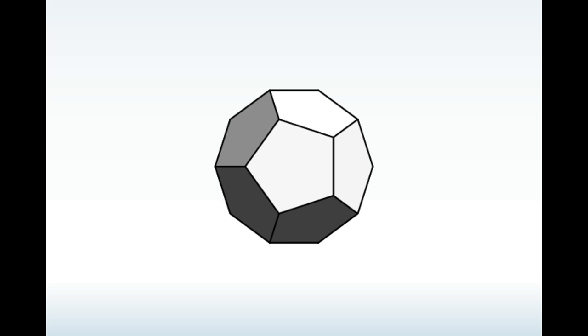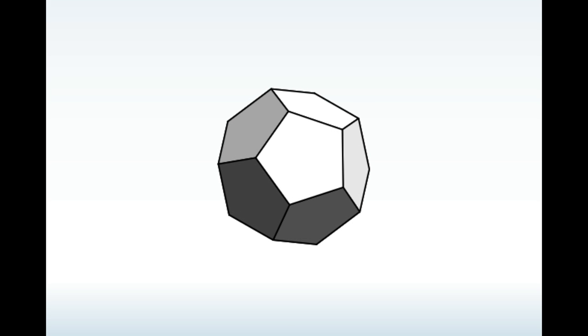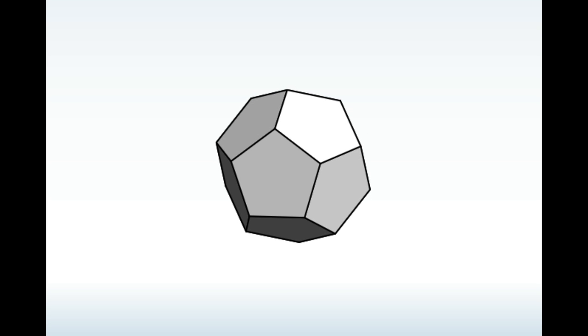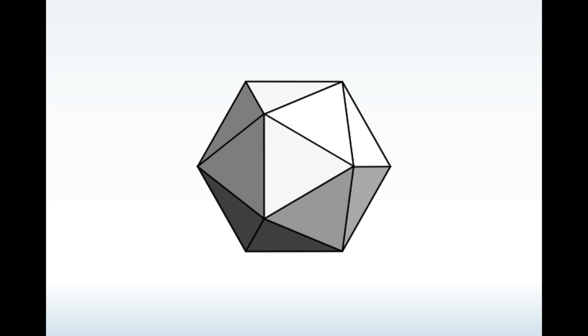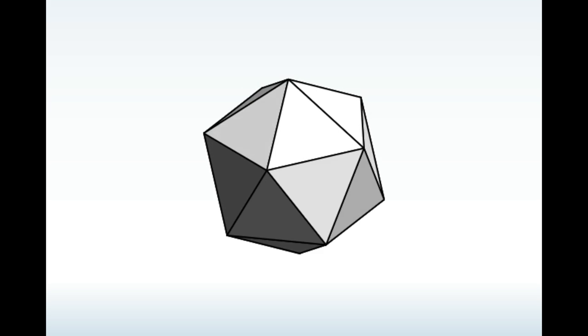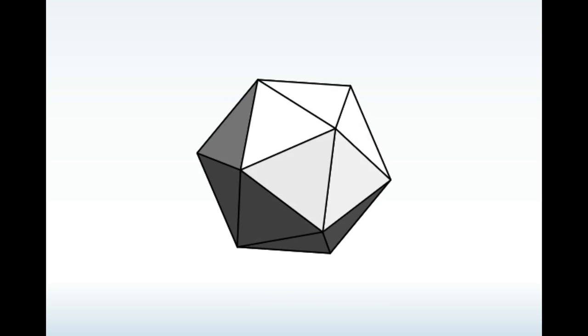It has 12 faces, and all of its faces are regular pentagons. This one is an icosahedron. An icosahedron has 20 faces, and each of its faces are made up of equilateral triangles.